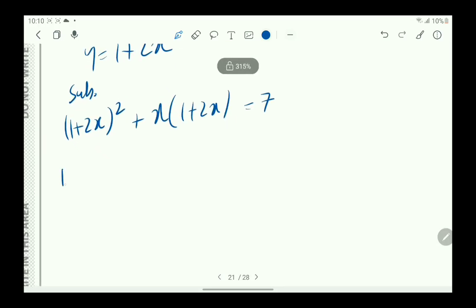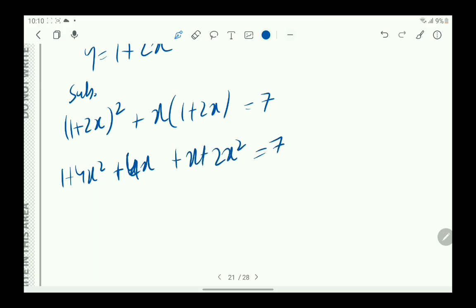We get 1 plus 4x squared plus 4x, plus x plus 2x squared equals 7, and we get 6x squared plus 5x, and 7 comes here.